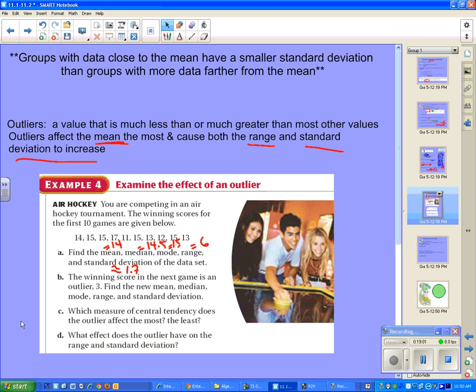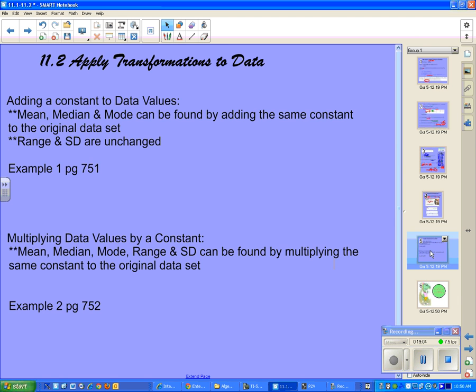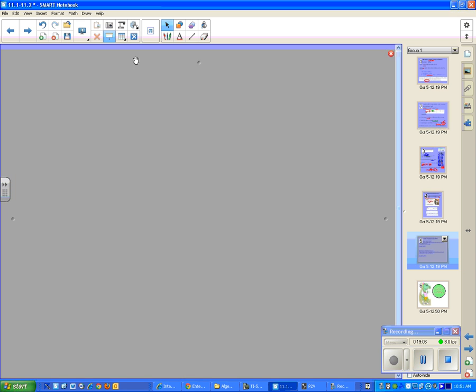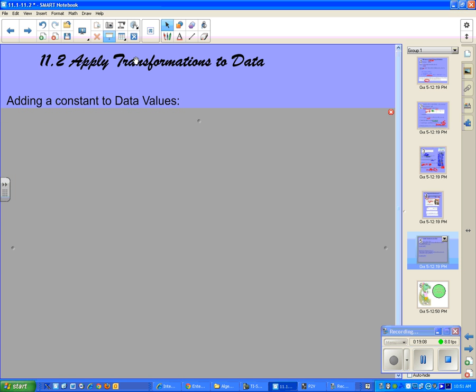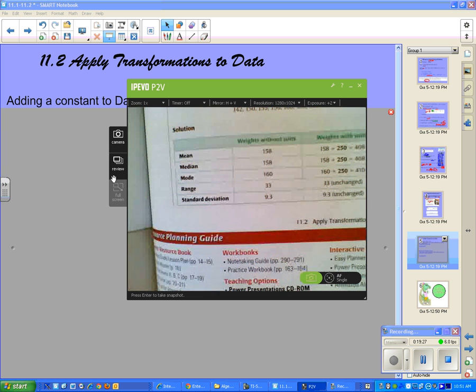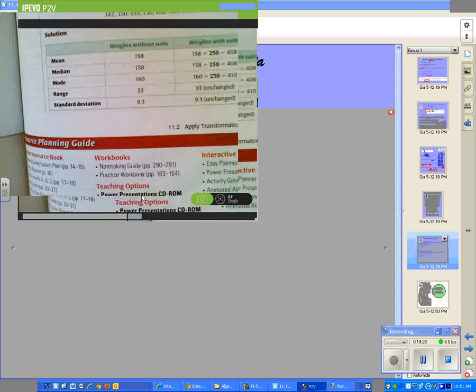Okay, that's everything for 11.1. 11.2 is all summed up on this one page right here. Okay, adding a constant. I want you guys to open up your book to page 751 and look at example 1 with me.